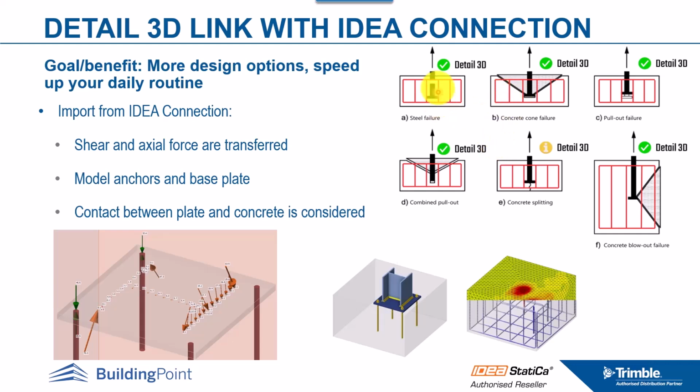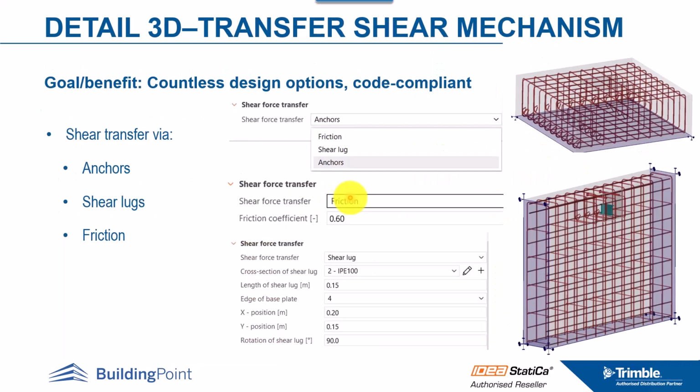As you can see here, you have the effect of reinforcement as well, and that's why you can simply check the anchors considering the concrete cone failure, pull-out failure, combined pull-out failure, and concrete splitting. To some extent, the concrete blowout failure can be done in IDEA StatiCa Connection, but together, as we said, in IDEA StatiCa Connection you cannot go for all of these checks for anchors, but in IDEA StatiCa Detail 3D you can have all these checks.